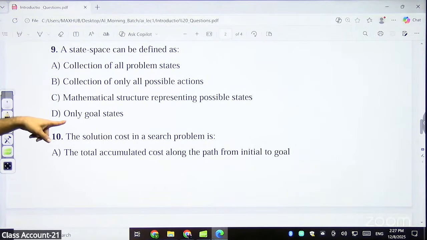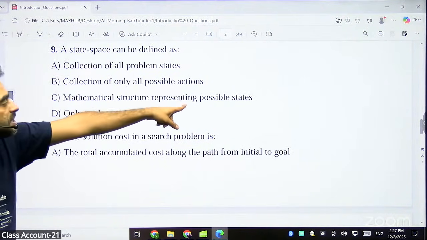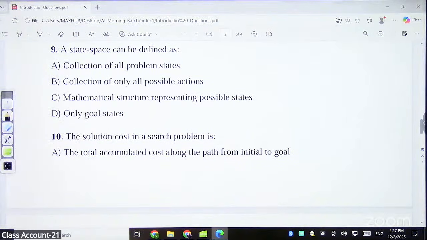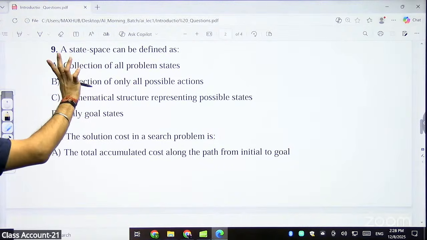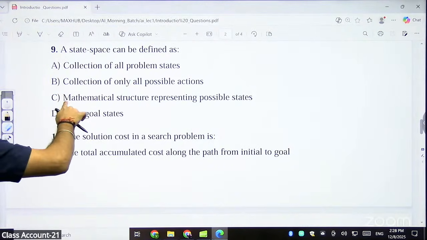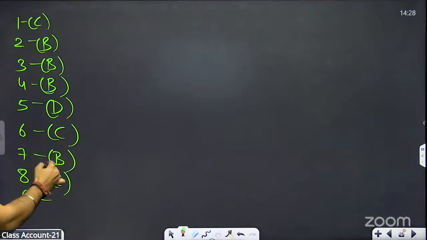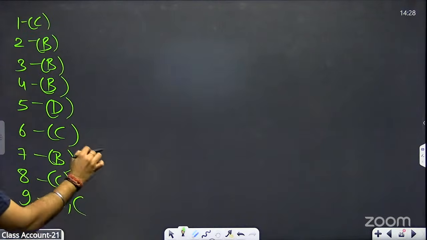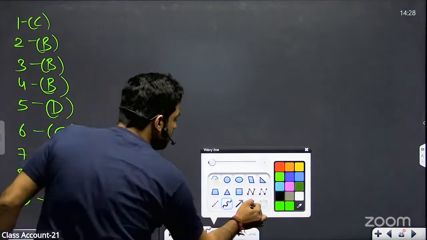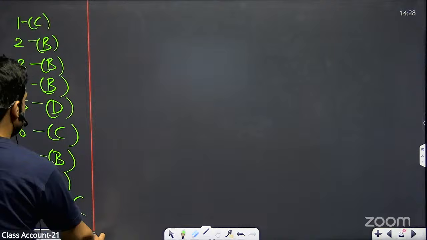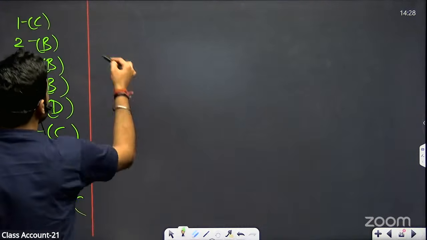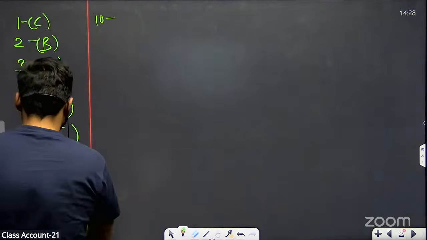That is true. And a mathematical structure representing possible states. That is also true. So for question number 9, A and C would be the answer.